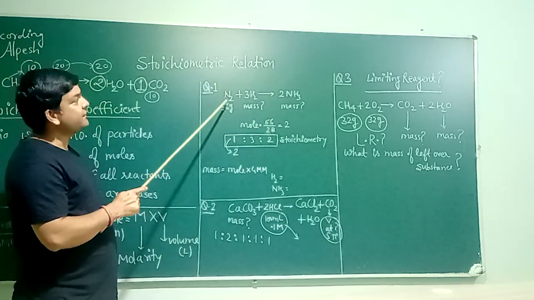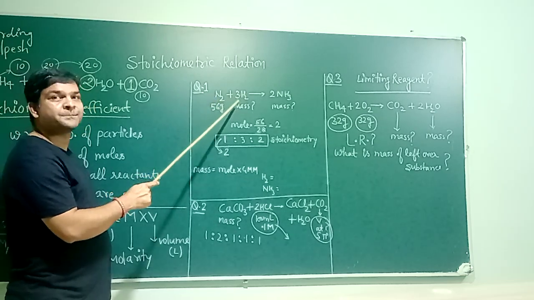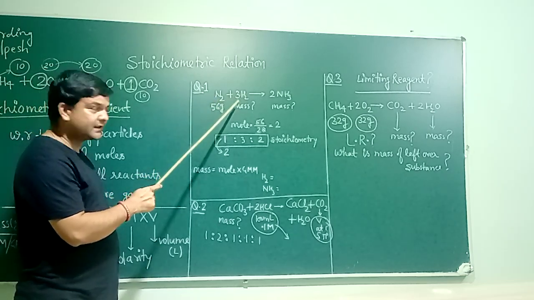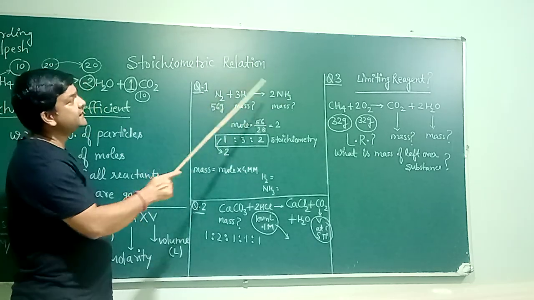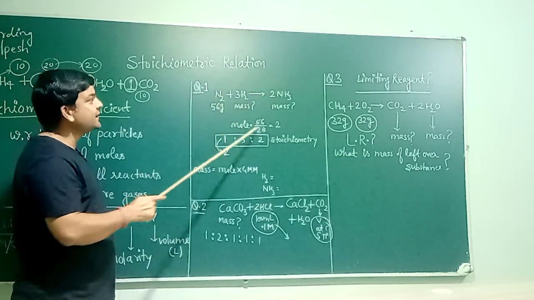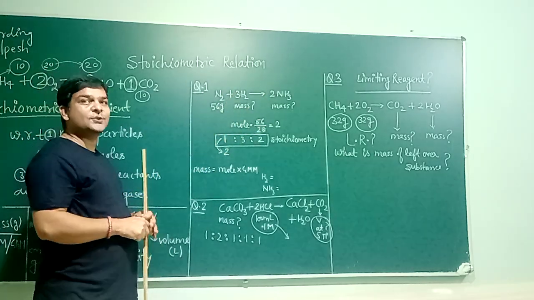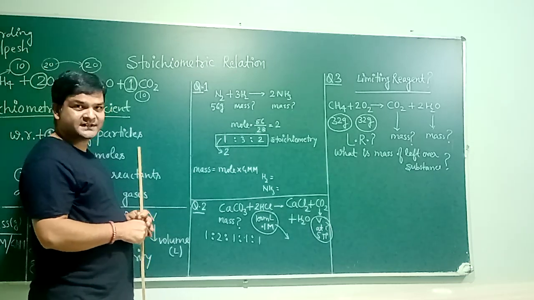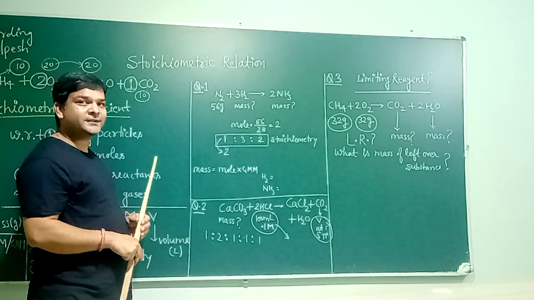I repeat, if you take 5 liter of nitrogen, then 3 times means 15 liter hydrogen is required, and it will give, in the ratio 1:2, for 5 liter, 10 liter of ammonia. Here do not get confused. You have studied earlier the law of conservation of mass, which means mass before reaction is equal to mass after reaction.